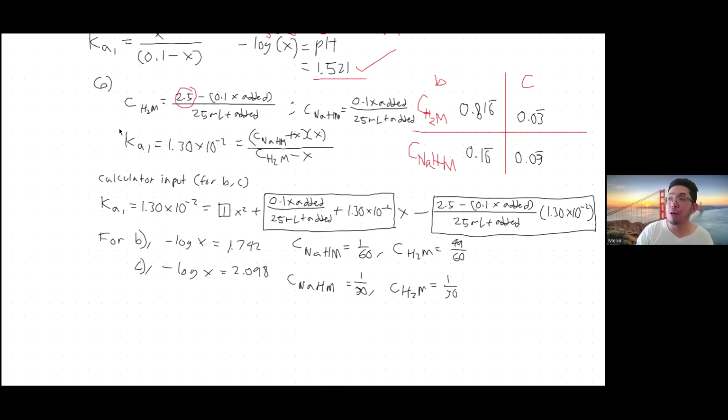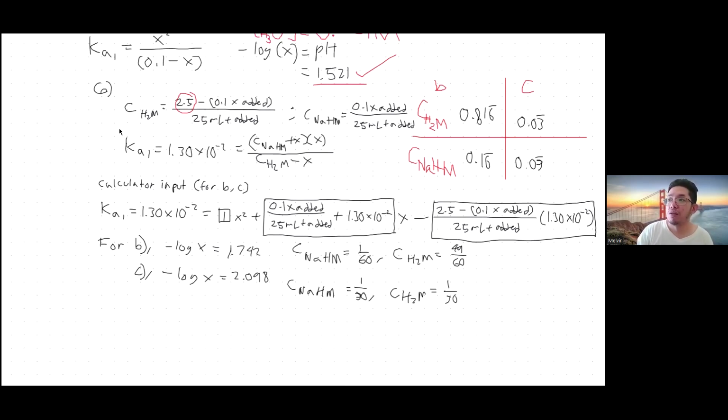Same with your H2M, your malic acid. I think I put 25, that's why. I think I put 25 here. Hmm. Point zero.